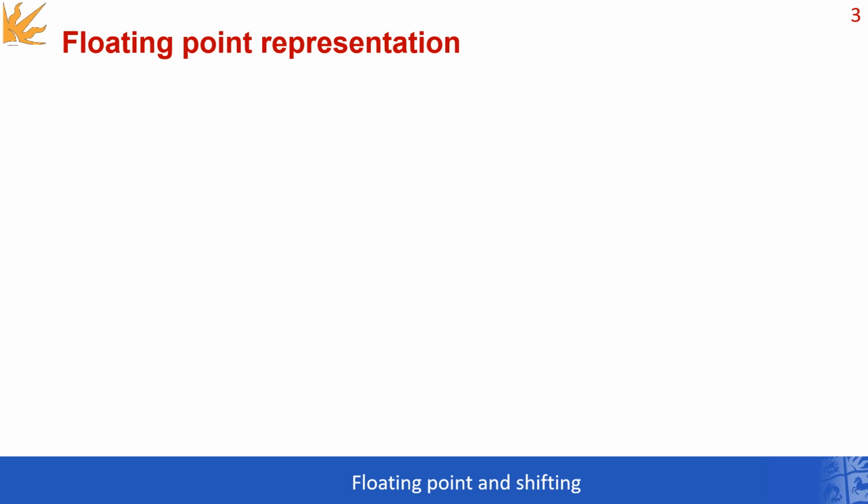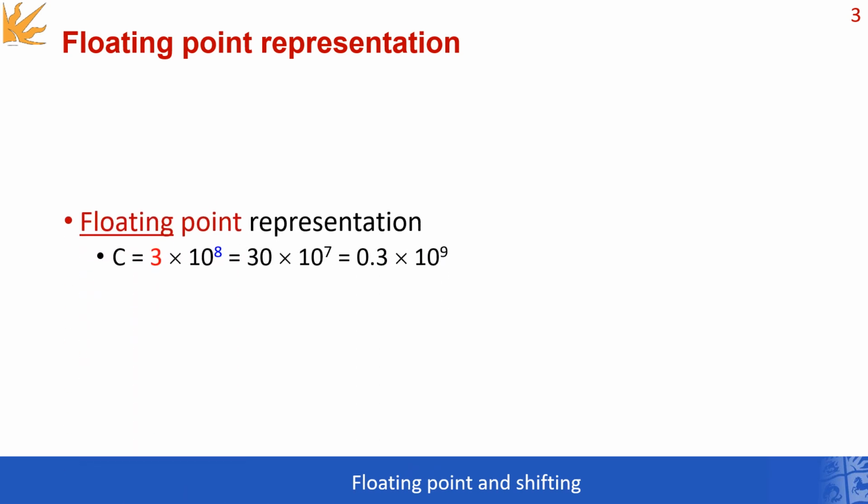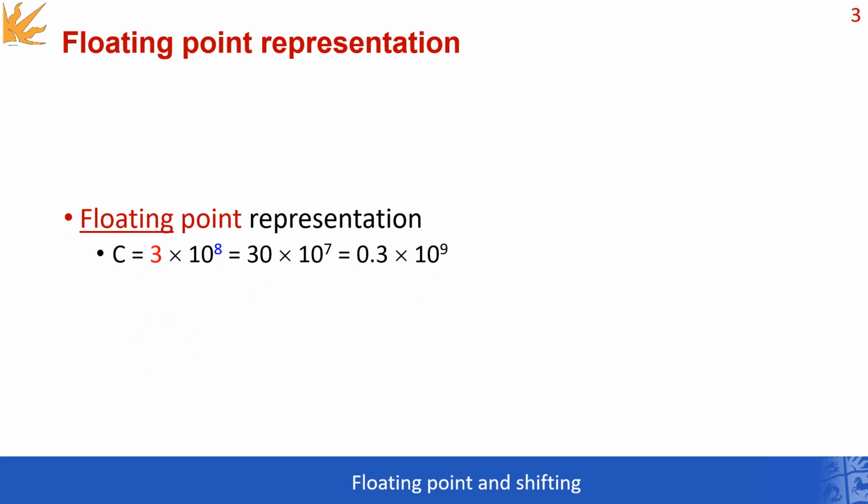So, floating point representation, what does it mean? The best way to understand it is by using, again, an example, which, as you can see here, again, we're using the speed of light. There are multiple ways that you can represent the speed of light with a floating point representation.